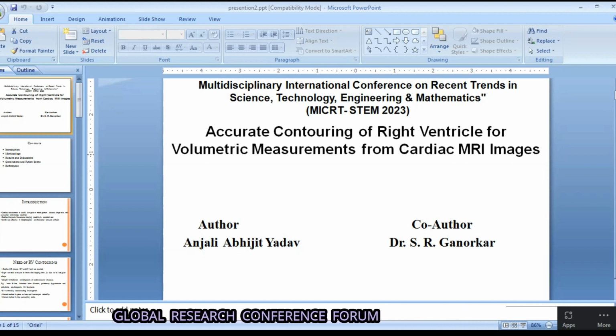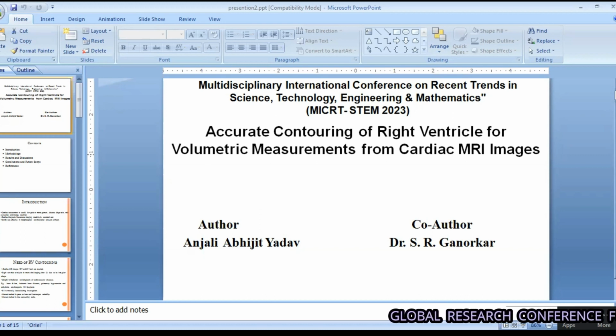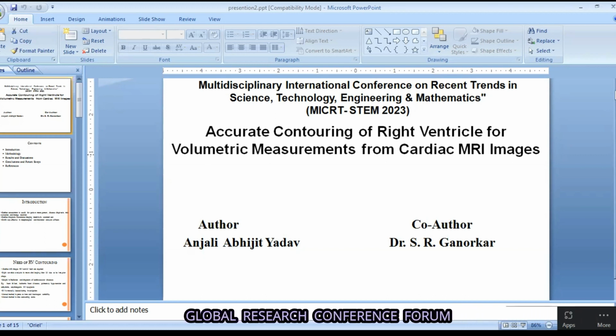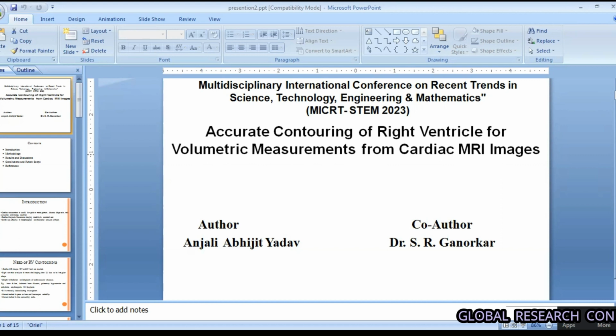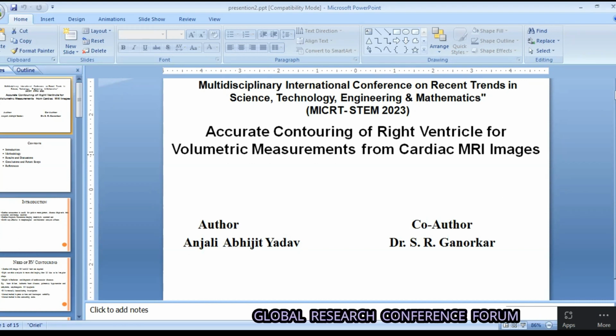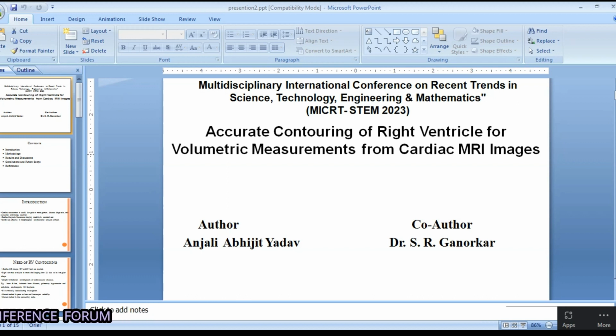And these blood volumes, ESV and EDV, are going to be used in the assessment of cardiac function and calculation of ejection fraction and stroke volume. EDV is used to estimate preload of the heart and to estimate ejection fraction and stroke volume of the heart.